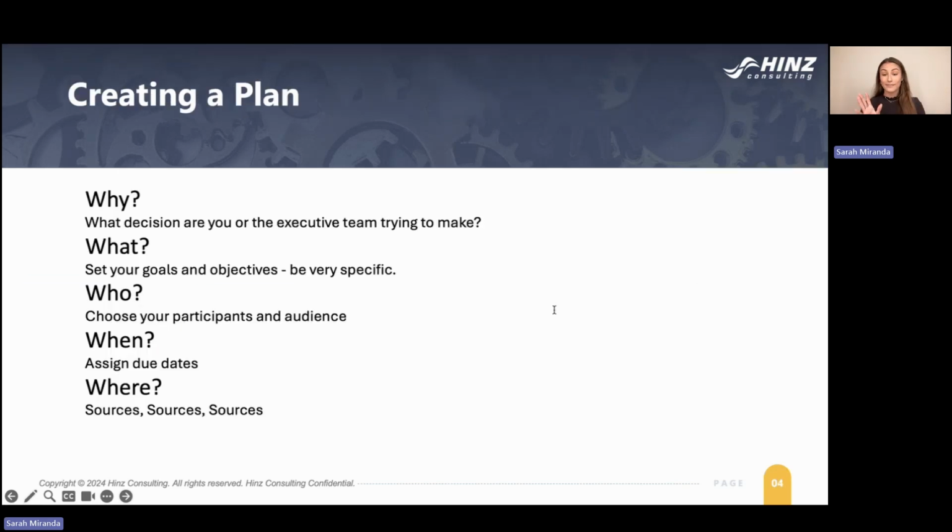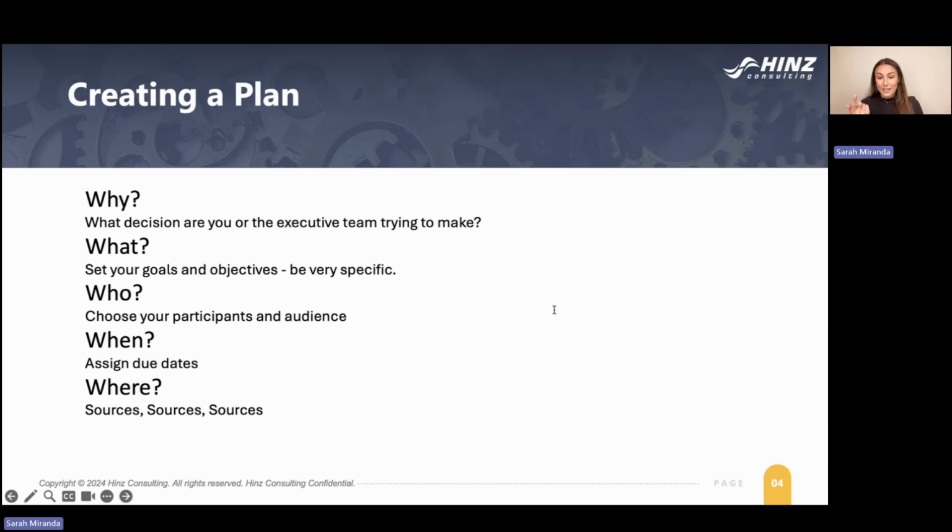Step 1, why? At first, this seems a little obvious, like obviously we're trying to find out competitive intelligence so we can win. So what's this why, Sarah? Well, it's a little bit more complicated than that. Your why is, why are you collecting this information? AKA, as I put on the screen, what decisions are you trying to make, or what decisions is your executive team trying to make so that you don't waste your time?